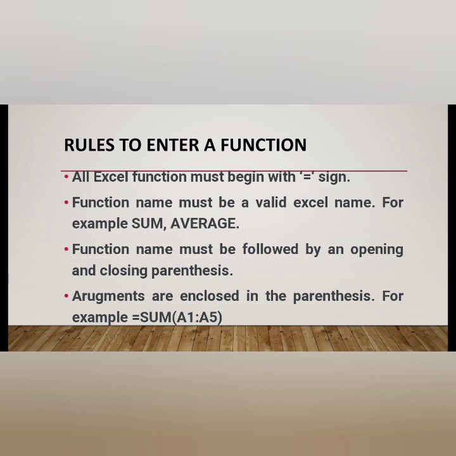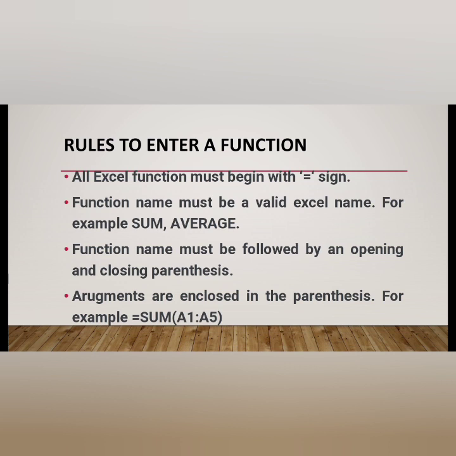Function name must be followed by an opening and closing parenthesis. After writing the function name, we have to put a bracket, and within the bracket we have to pass arguments. So parentheses are brackets. Arguments are enclosed in the parentheses. For example, equal to sum, parentheses, within parentheses we have to write A1 to A5.